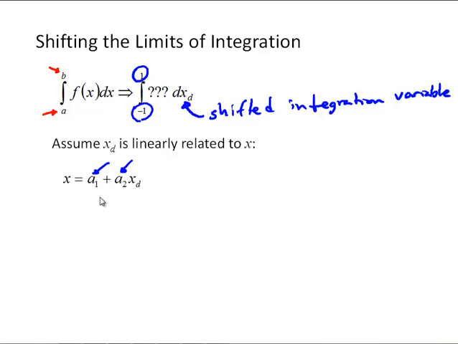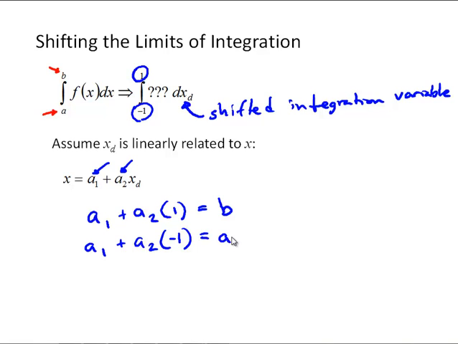And we can do that by setting these 2 equations. We know that when xd is equal to 1, so a1 plus a2 times 1, we want x to be equal to b. So that's going to be our upper limit of integration. Similarly, a1 plus a2 times -1, when xd equals -1, that should mean our original variable x should be equal to a.